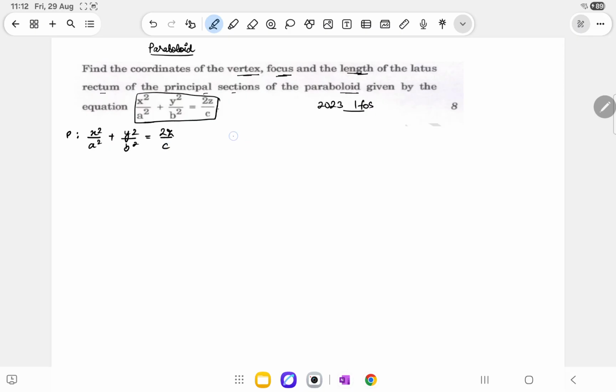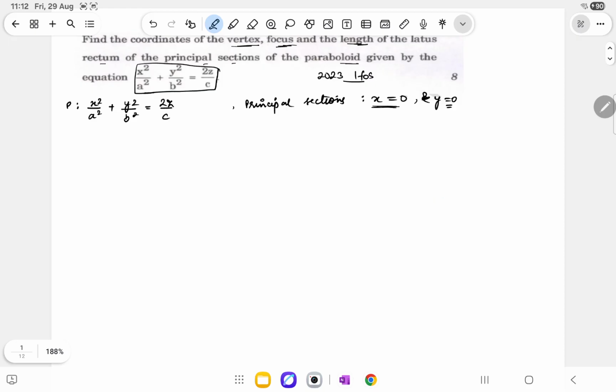My principal sections will be when x equals 0 and when y equals 0. So there will be two cases. First, I'll assume my principal section to be x equals 0, and then we'll find vertex, focus and latus rectum length. Likewise we'll do it for another case when I'm taking y equals 0. So let us solve it.